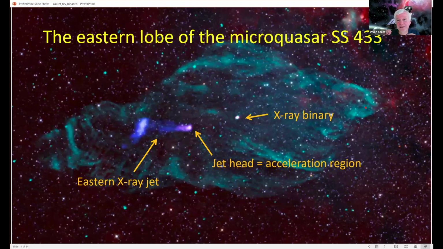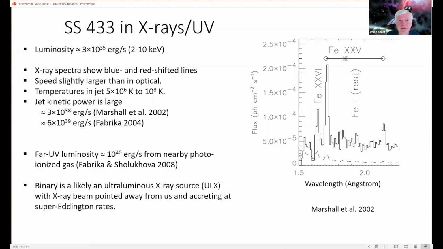It produces inner jets really close to the binary on a few arcsecond scale. The jets then reappear a couple of arcminutes out, about tens of parsecs outside. And I'm going to focus on the eastern jet. Shown here, the jet reappears in X-rays and then has a tail that goes off to quite some distance.